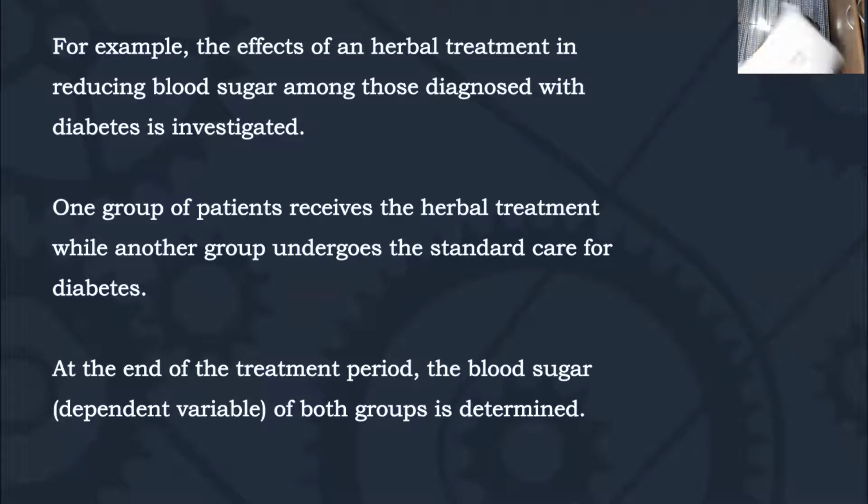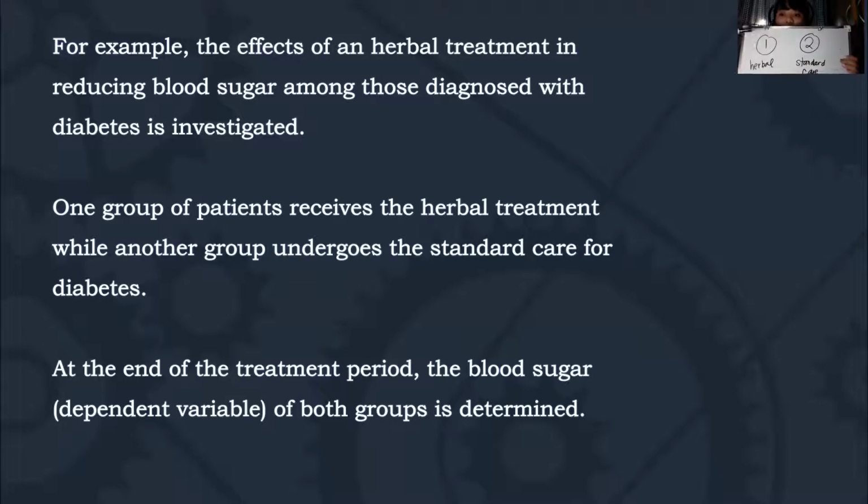I know it's reversed, but let me just explain. It's much easier to have an illustration. For example, group 1, 10 patients with diabetes, are treated using herbal, and group 2, also patients with diabetes, are treated using standard care.